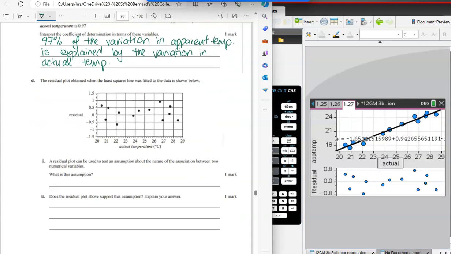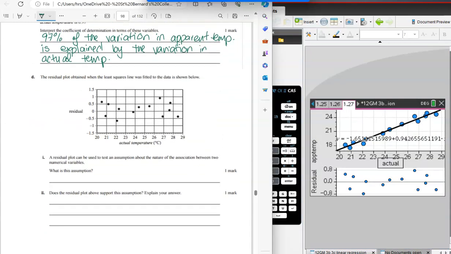So the residual plot can be used to test an assumption about the nature of the association between the two numerical variables. What is that assumption? What did I assume when I put that straight line in there? It was linear. So we assumed at the start, when we did all the values, that it was linear.